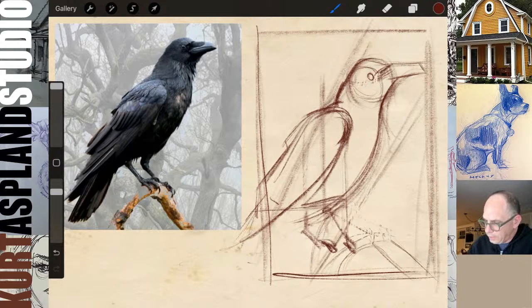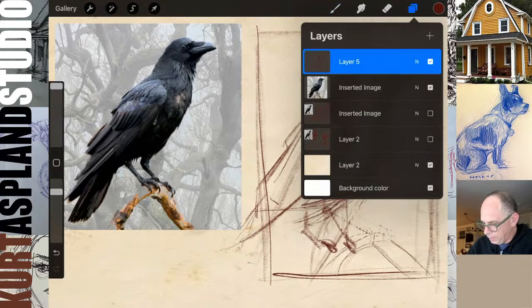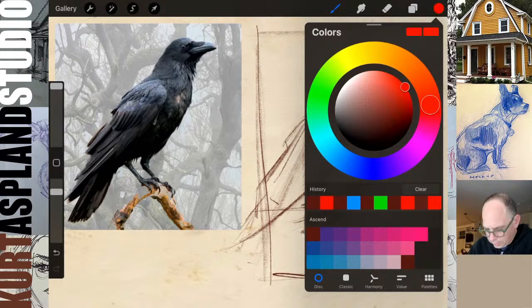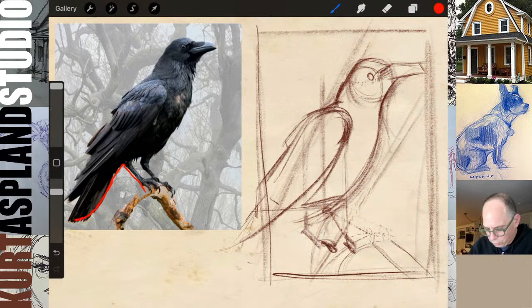And then the last negative area I want to help as I'm thinking about this is this. Look at this right here. Here's another negative shape. You see that? That's a good shape to look for.